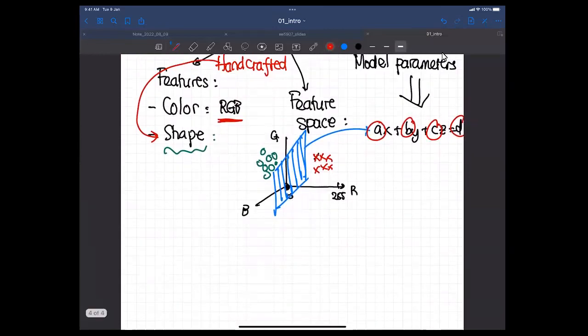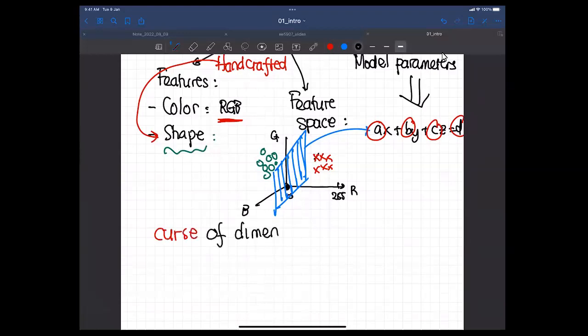Okay, so now the problem, as I mentioned, is that if the features are not distinguishing enough, then we have to add features. And adding features means you add more dimensionality. If you add more features, it's more distinguishing, but you have more dimensionality, and that will lead to a problem. Well, I'm not sure it's a problem, but it's a condition called the curse of dimensionality.